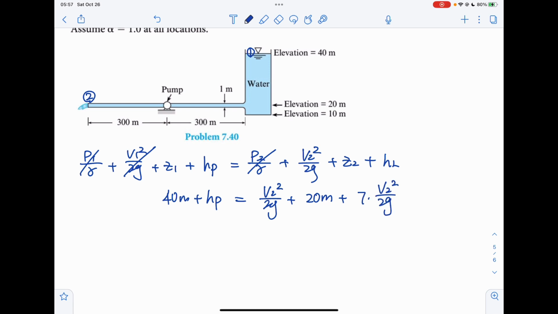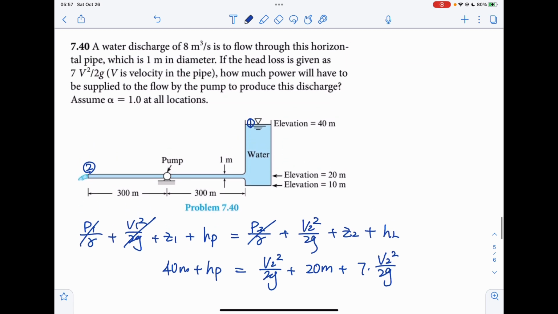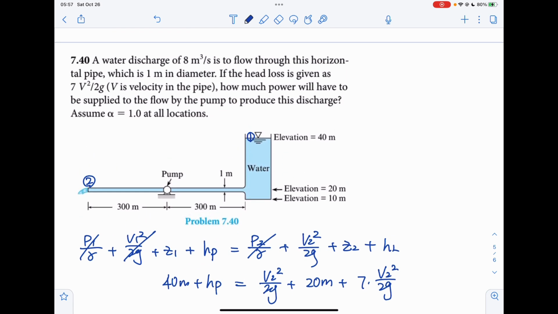So we need to find V2, and we are given the discharge equal to 8 cubic meters per second, so we can easily find V2 equals Q over A2, which is 8 per second.